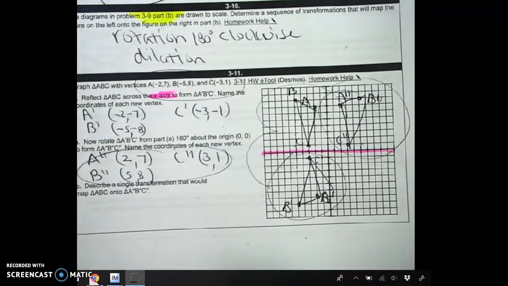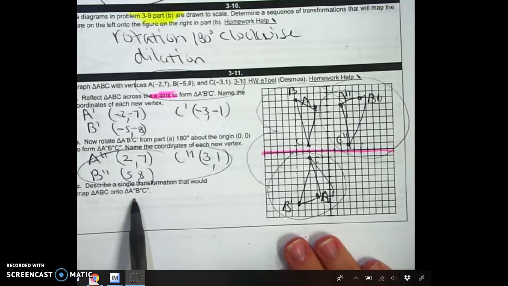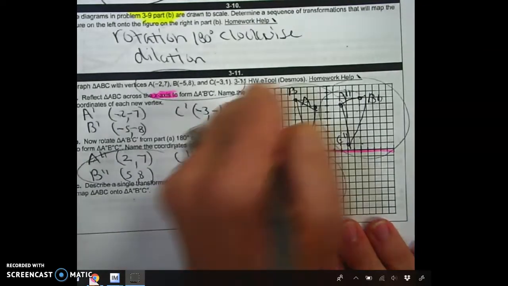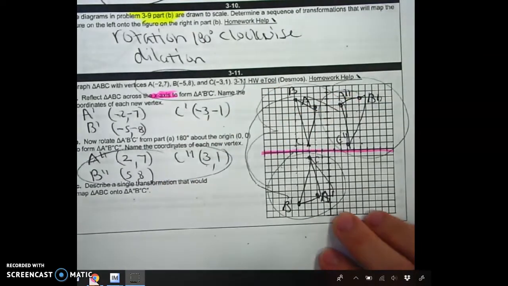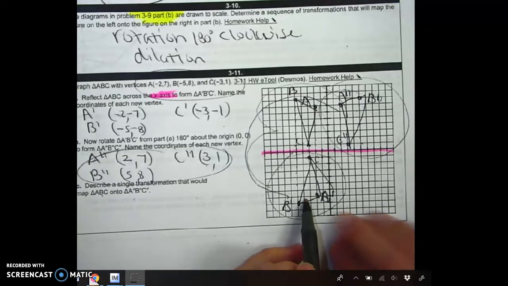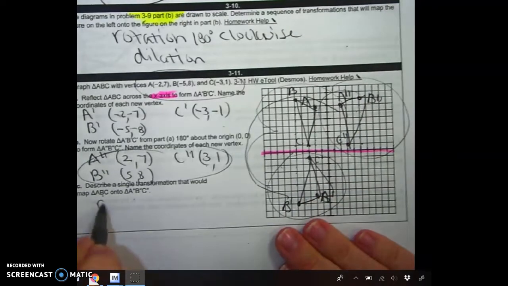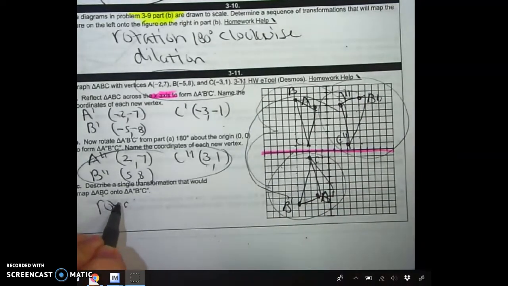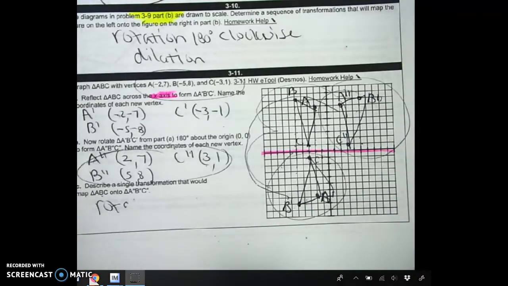All right, now I want you to describe a single transformation that would take A all the way to A double prime. Sorry, let me pause.